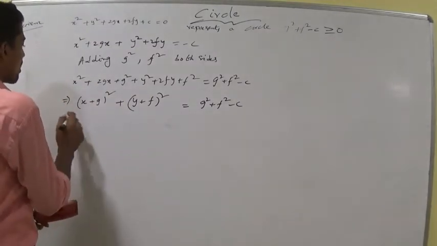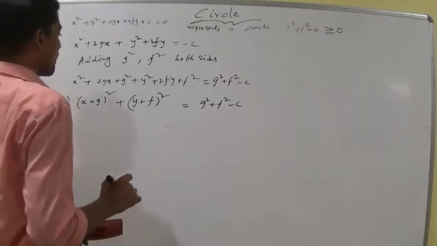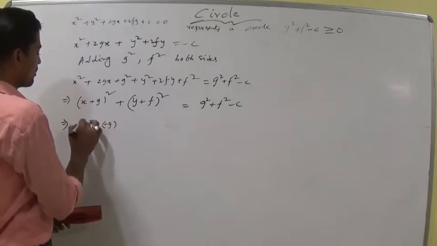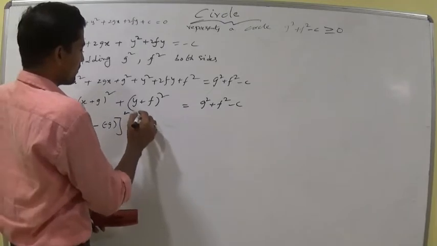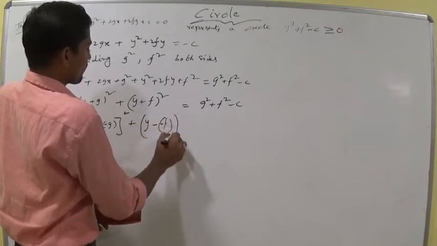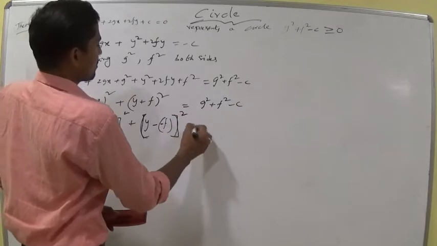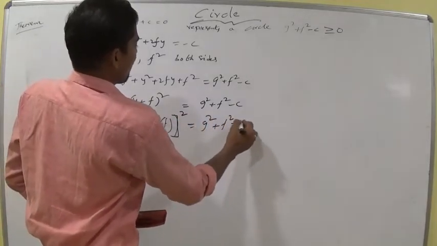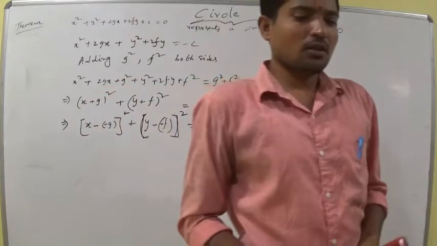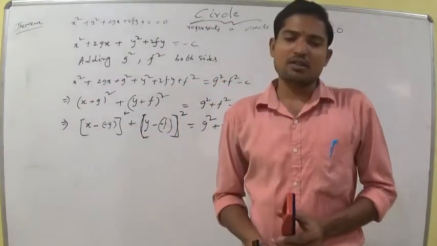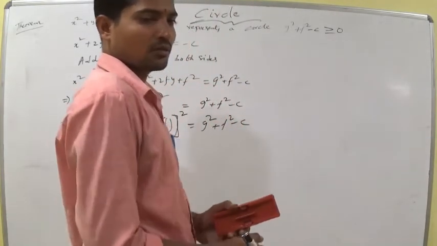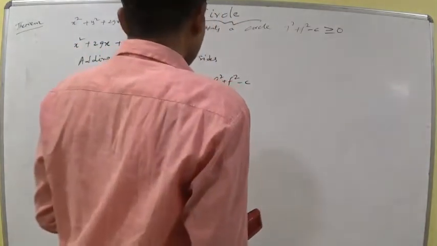Now it can be written as (x minus of minus g) whole square plus (y minus of minus f) whole square is equal to g square plus f square minus c.